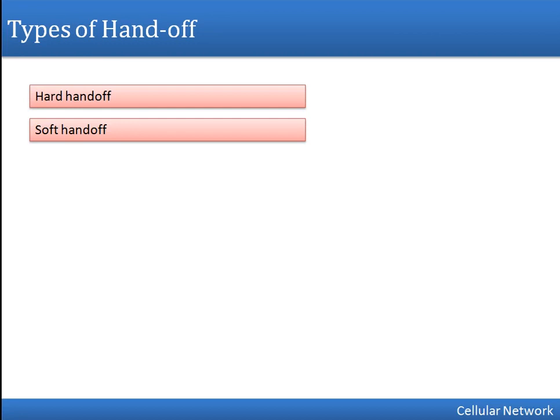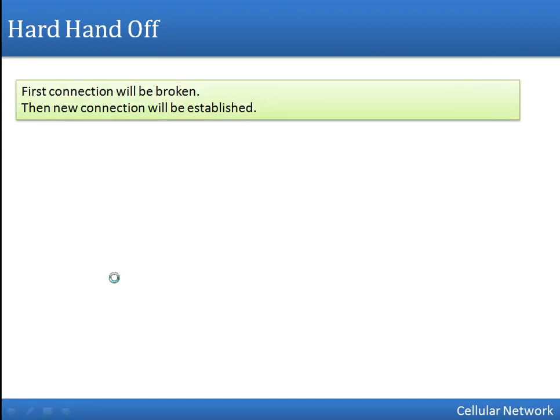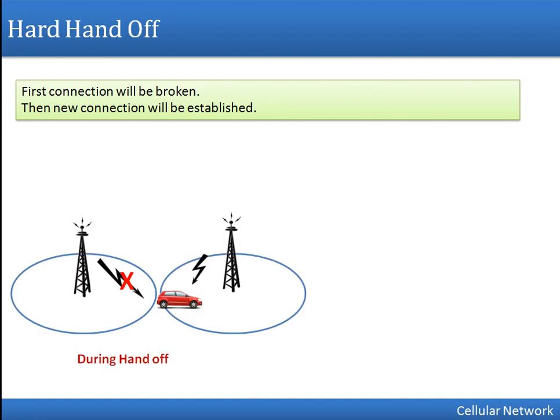We have two types of handoff: hard handoff and soft handoff. In hard handoff, let's take this example, it will make the concept clear. Right now a user is here, connected to this base station. When he moves to another cell, first this connection will be broken, and then the new connection will be established.